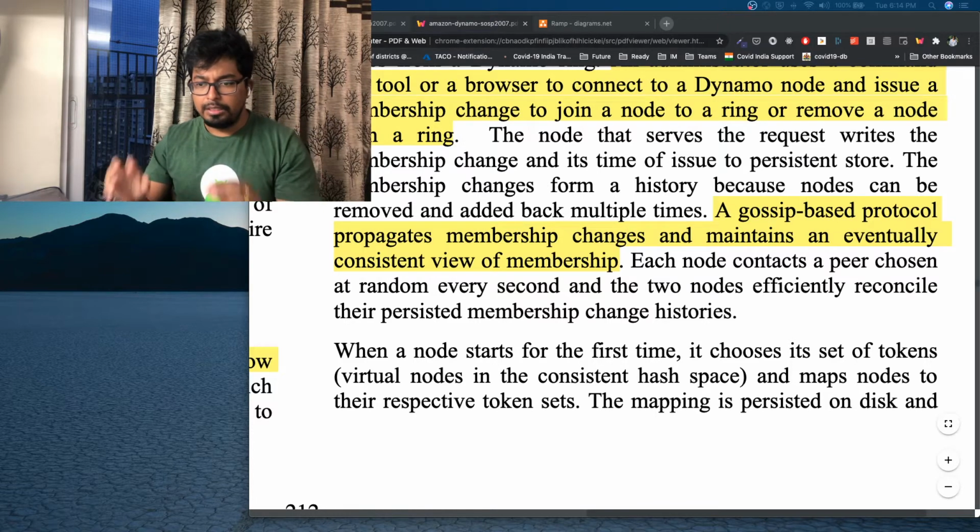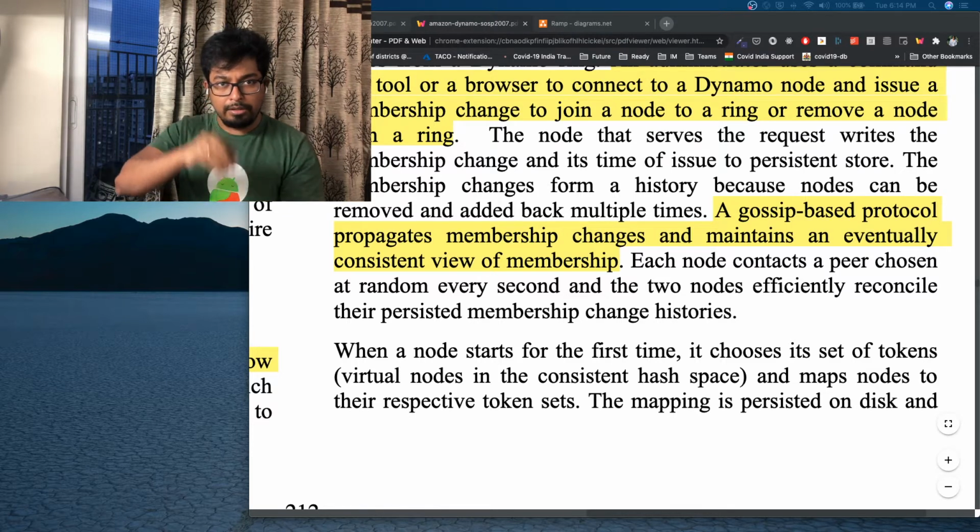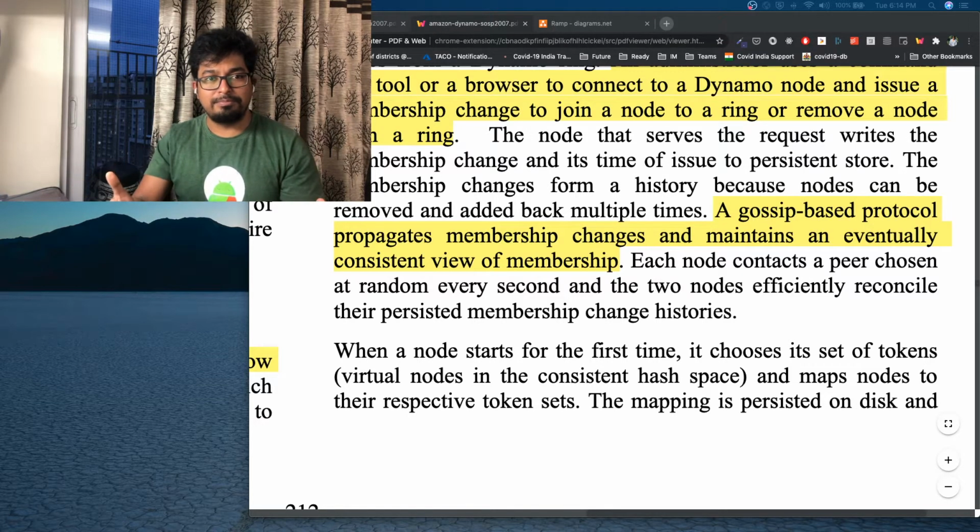That's all it is. Data propagates through the system node by node like a virus. So you talk to your neighbors and then neighbors talk to other folks, just like how WhatsApp forwards happen. It is exactly how fake news propagates. Somebody tells their neighbors, who tell other people, and before you know it, everybody has that fake news message.